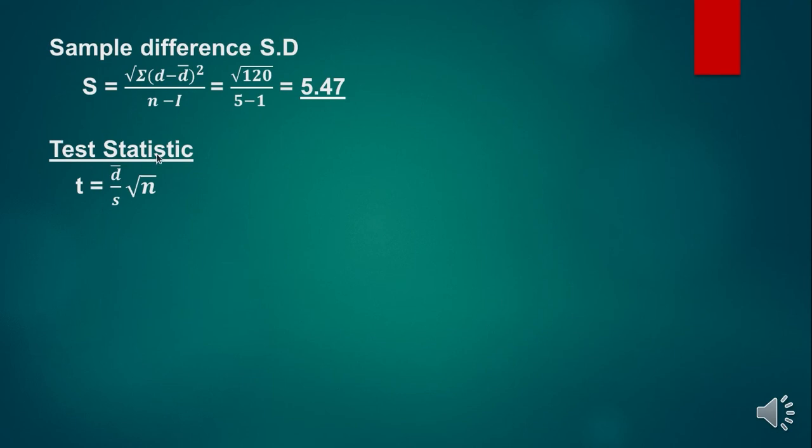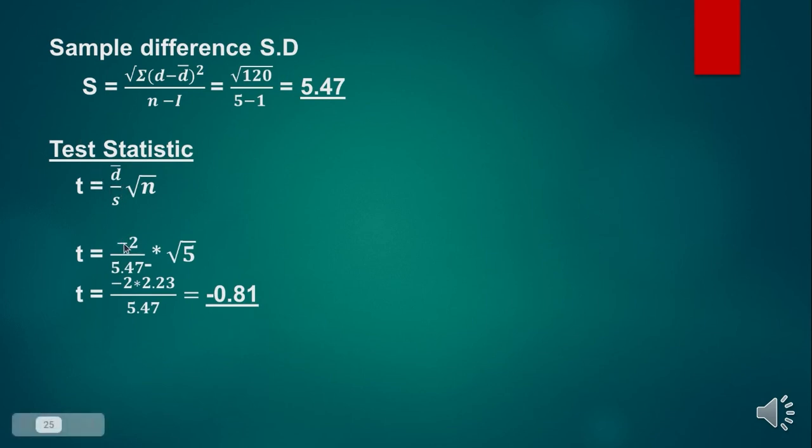Next we have to calculate the test statistic. The formula is t is equal to d bar divided by s into root n. Here d bar is minus 2, which we already calculated, and s is the sample difference, which we also already calculated, that is 5.47, into root 5.